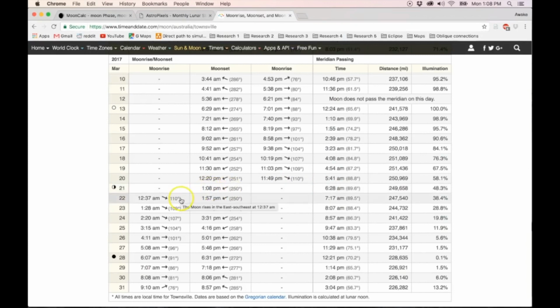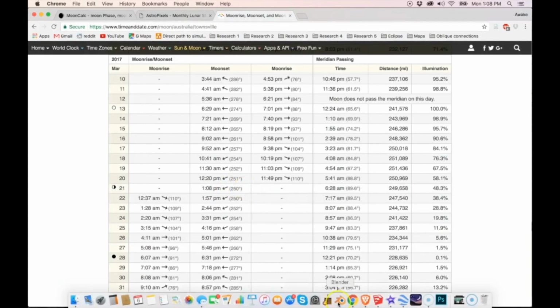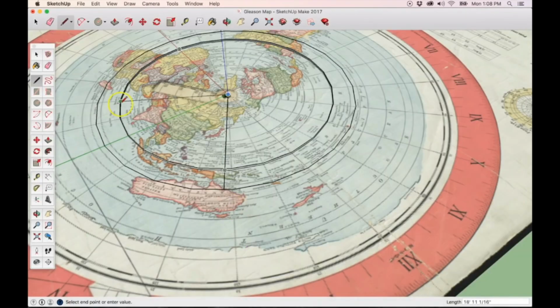And the angles that we're looking at are 110 degrees for a moon rise, 250 degrees for a moon set. So 110, 250. Let's go back here and plot those out. Grab the protractor. We will go 110 and 250.